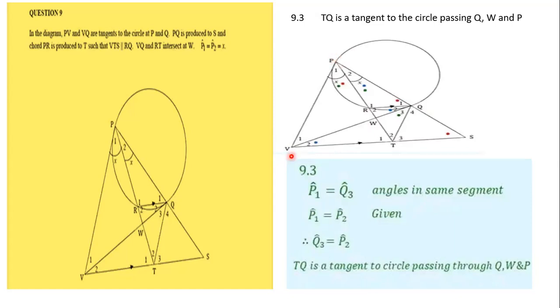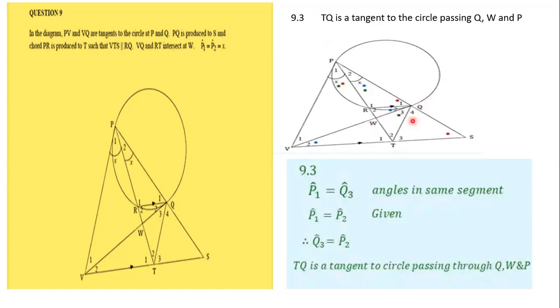Where's our TQ? Here is T and Q. So it's tangent to the circle passing through Q, W, and P. So here's our TQ.